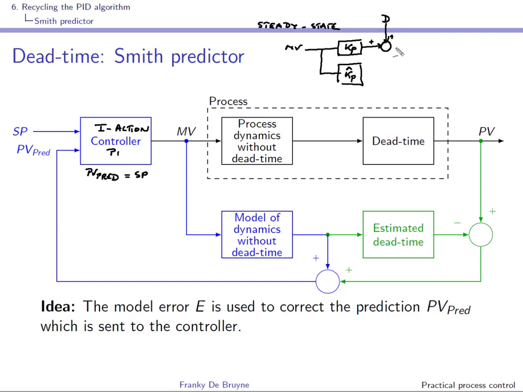We'll call it D simply, and of course what we have over here is PV.